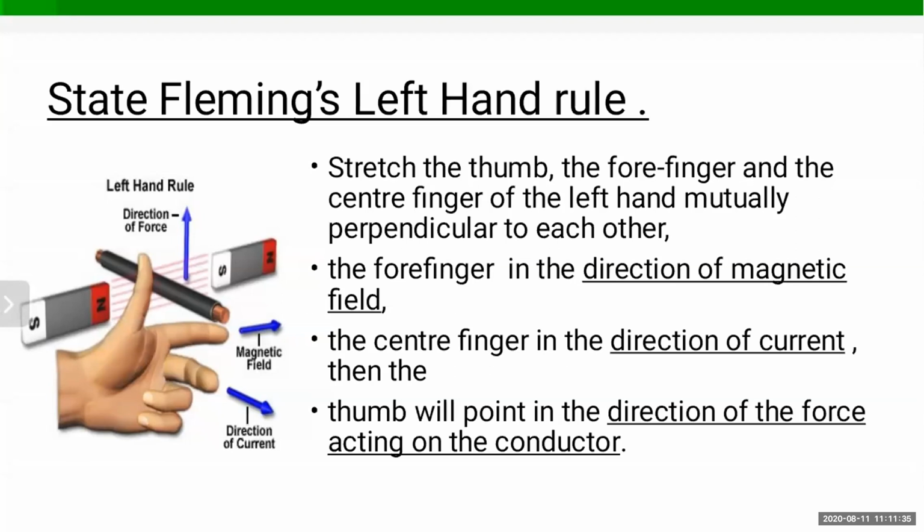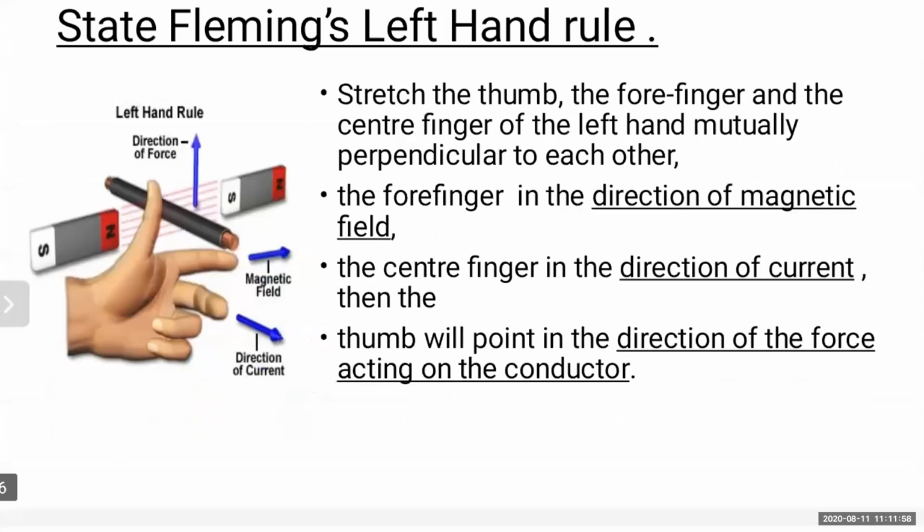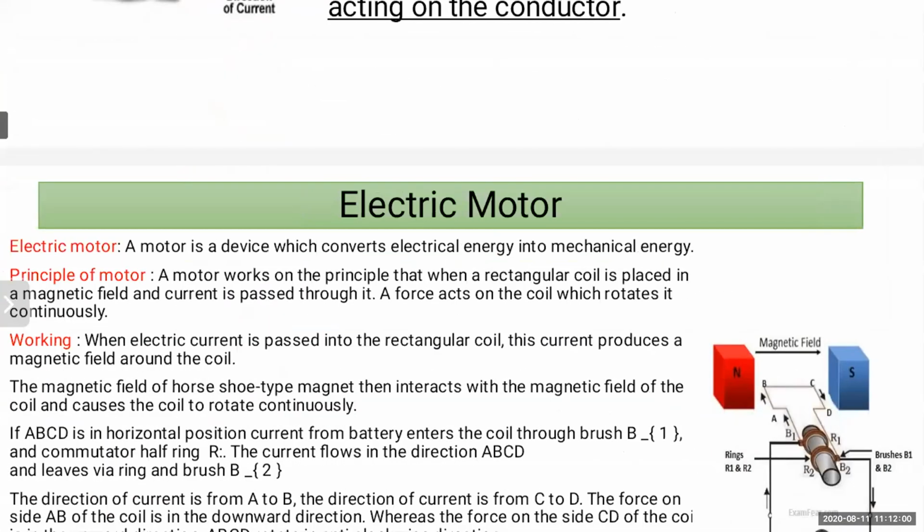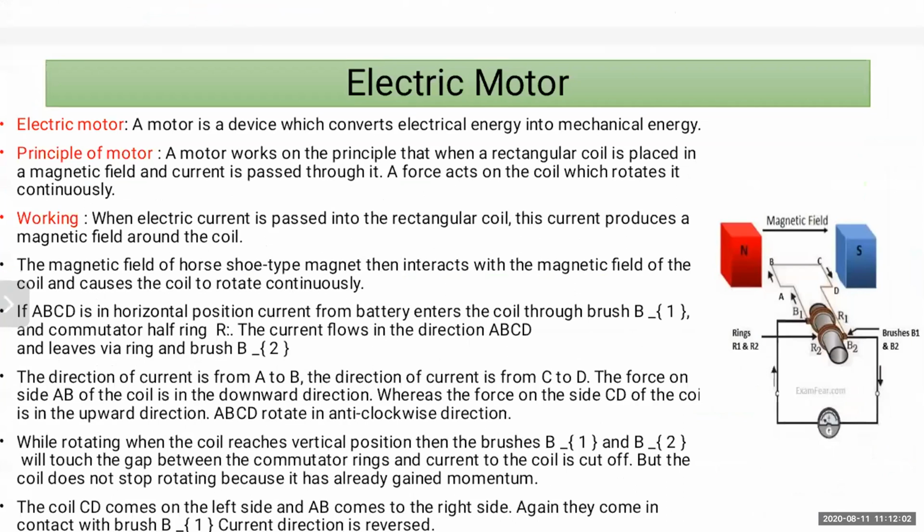It may be mechanical energy, heat energy, electrical energy, light energy, chemical energy, sound energy. Now this energy can be changed into another form, and Fleming's left hand rule is applied here, meaning it converts the energy by applying force on the conductor.